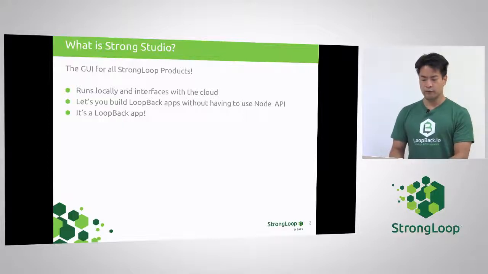Strong Studio itself runs locally and it interfaces with the cloud. The API Composer, the first app that we're releasing within Strong Studio, lets you build LoopBack apps without having to actually use the Node API. In the interest of using what we build, it itself is a LoopBack app.